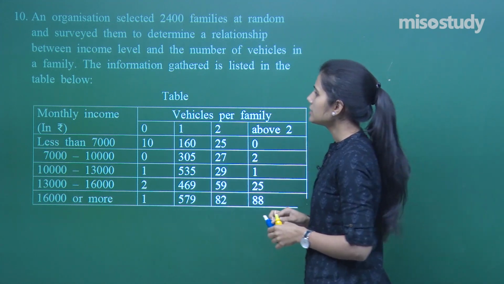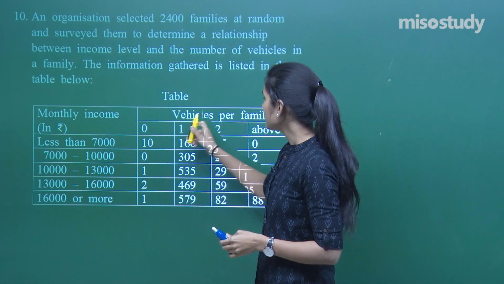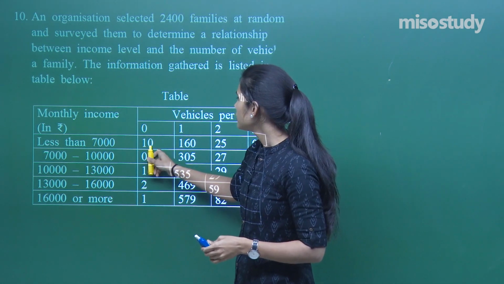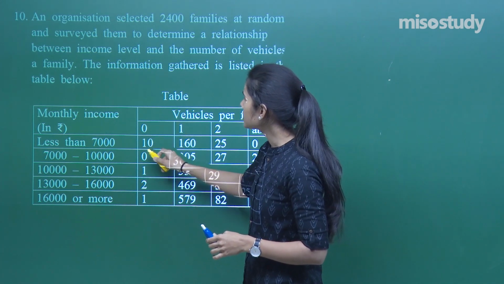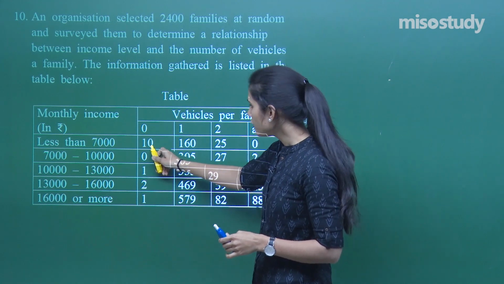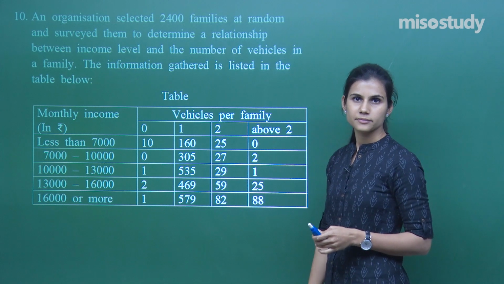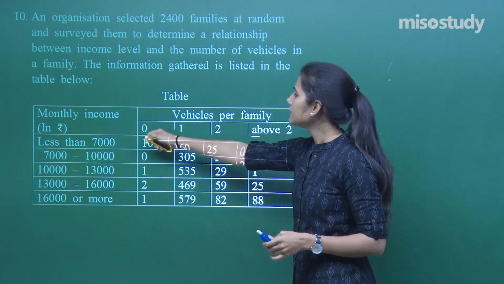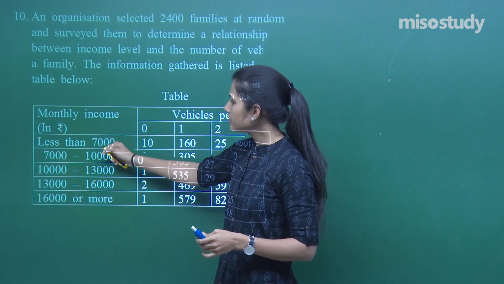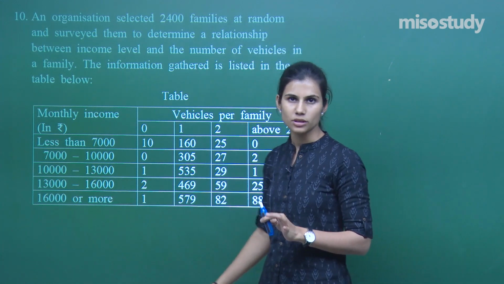The information is this: 0 vehicles are there in 10 families who have income less than 7,000. Vehicles per family, either 0 vehicles are there, 1 vehicle or 2 vehicles or above 2. Income is this, either the income is less than 7,000 or in this range or in this range or in this range or 16,000 or more.